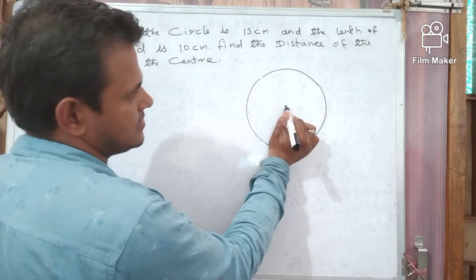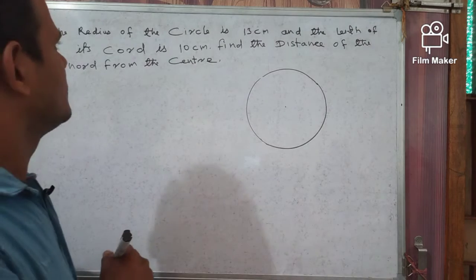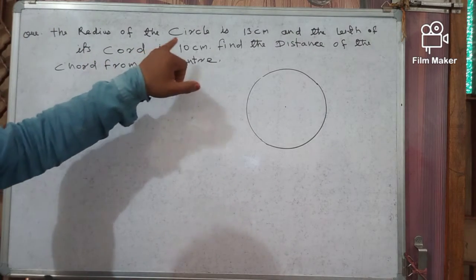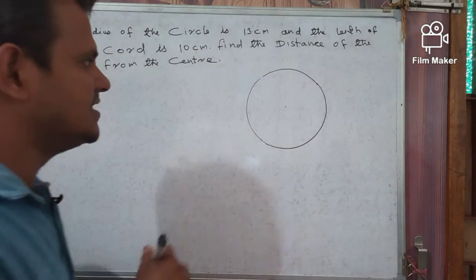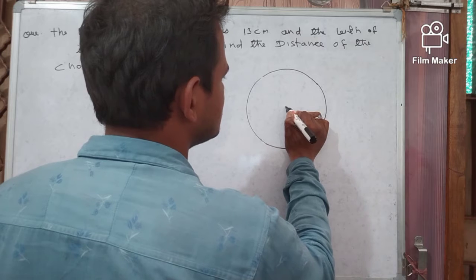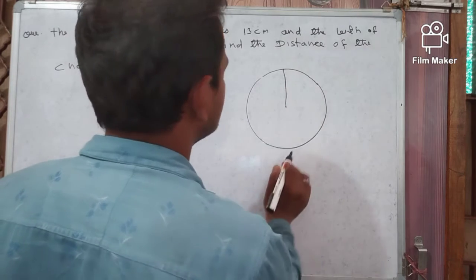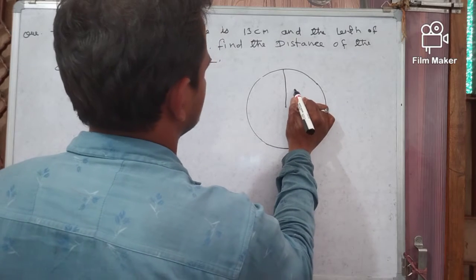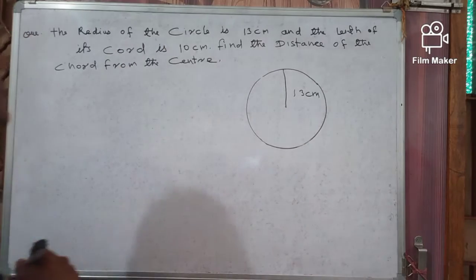So see here, this is the center of this circle, right? The radius of the circle is 13 centimeter. Radius means this. This is a radius, and this length is 13 centimeter.